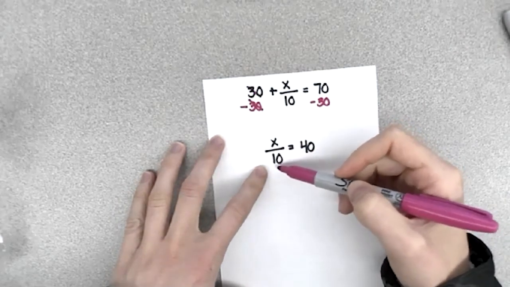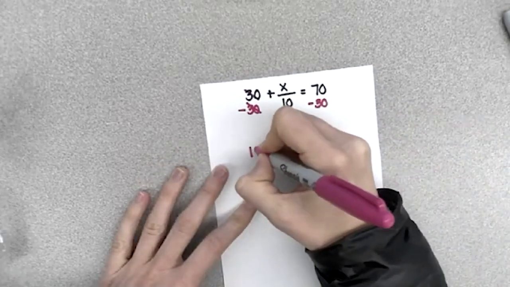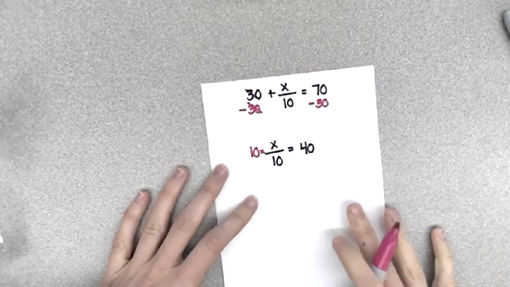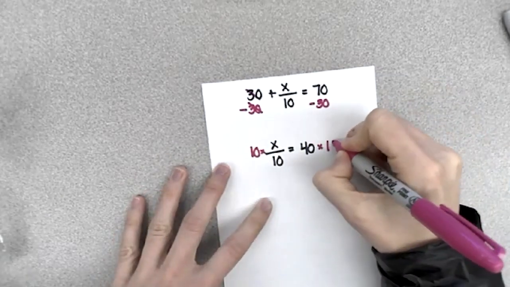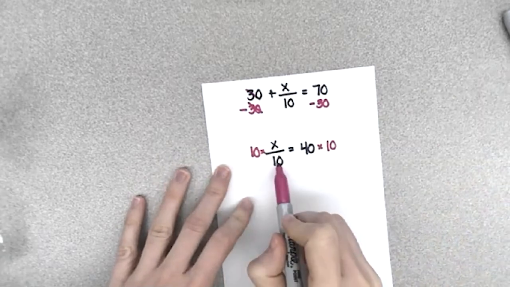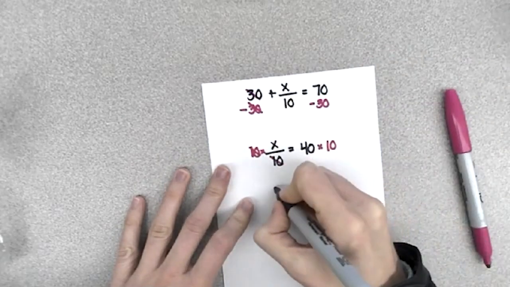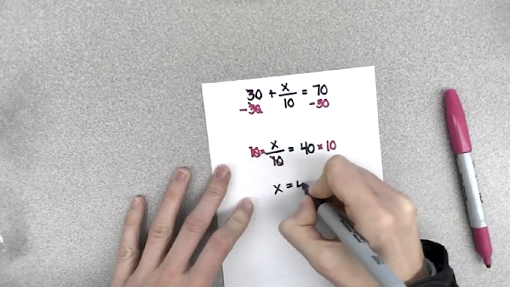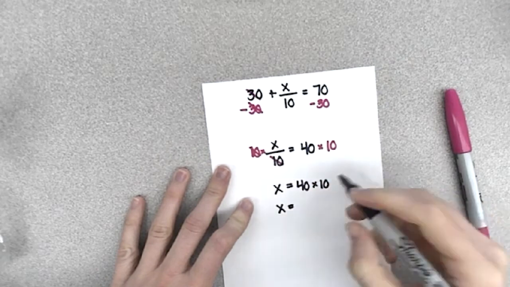And I need to get 10 away. So I'm going to multiply by 10. Okay, if I do it to this side, I have to do it to this side. 10 divided by 10, that's going to cancel each other out to make 1. And we're going to say x is the same as 40 times 10. x is the same as 400.